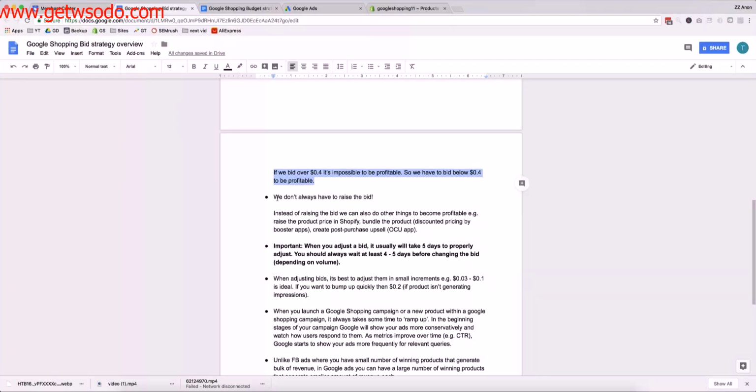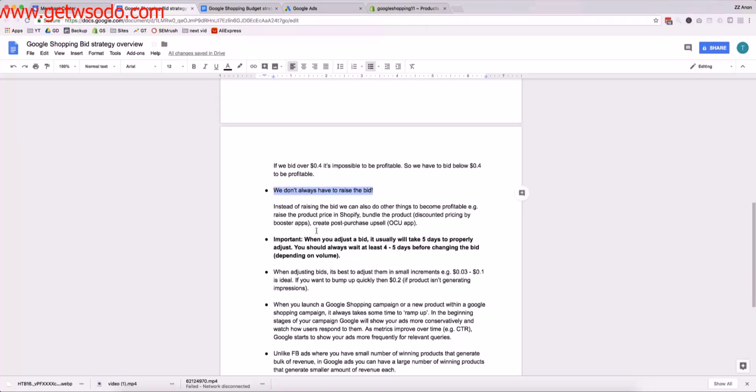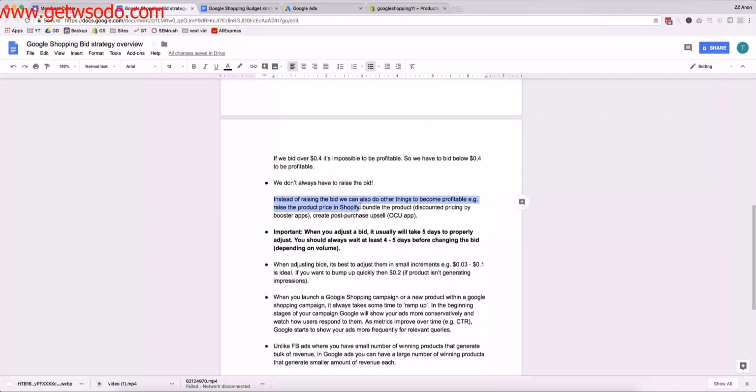Another thing to remember is that we don't always have to raise the bid. If you're breaking even on a product or you're slightly unprofitable, there are other things you can do. Instead of raising the bid, you can increase the product price in Shopify, so bump it up a pricing tier. Instead of selling a product for $24.99, you can sell it for $29.99. Another thing you can do is bundle the product.